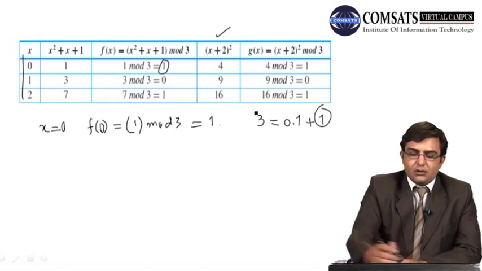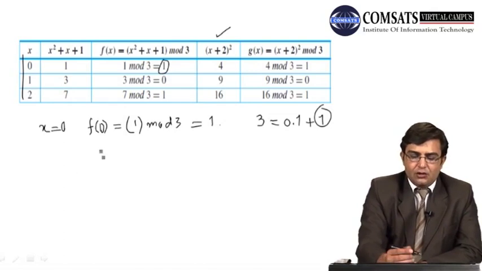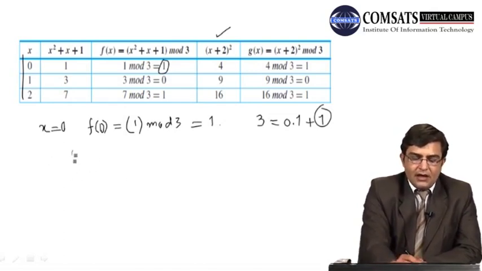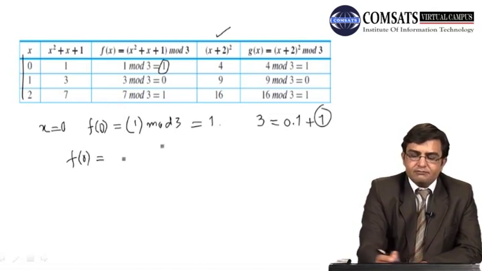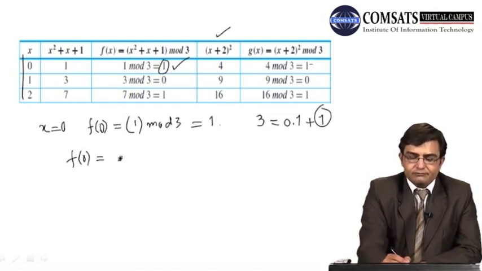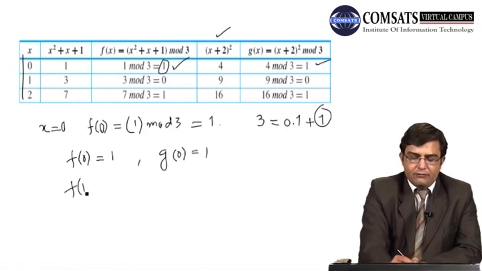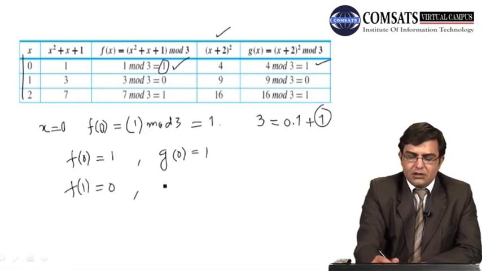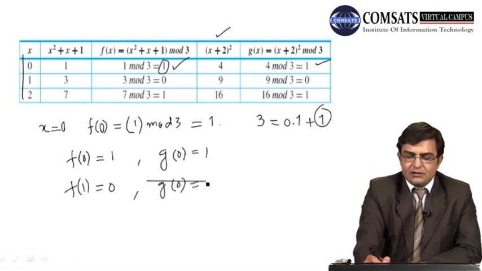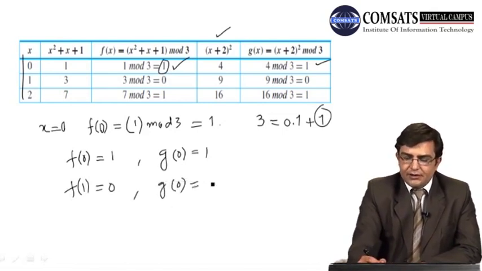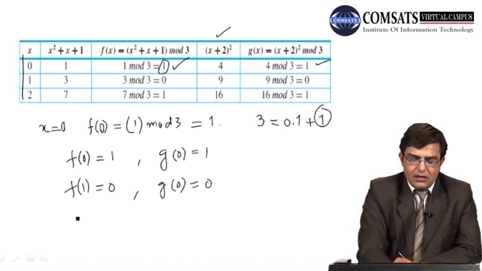Now we check for all values of J3, means 0, 1, 2. F of 0 is what? 1. G of 0 is 1. F of 1 is 0. G of 1 is 0. F of 2 is 1.